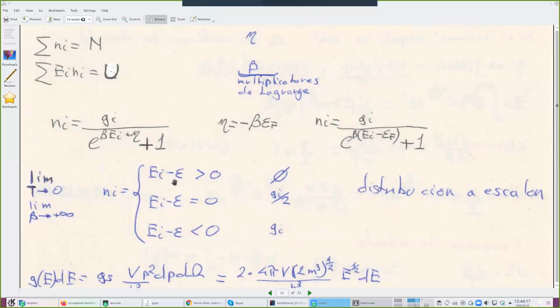In fact, if you consider the classical limit, we go to absolute zero, so the temperature goes to 0. We have this rectangular distribution, that is 0 above a certain value, and one below. Let's open the annotation.